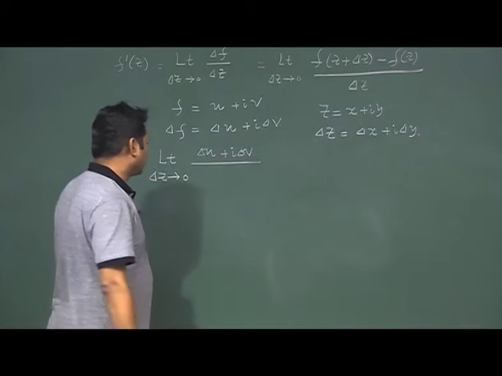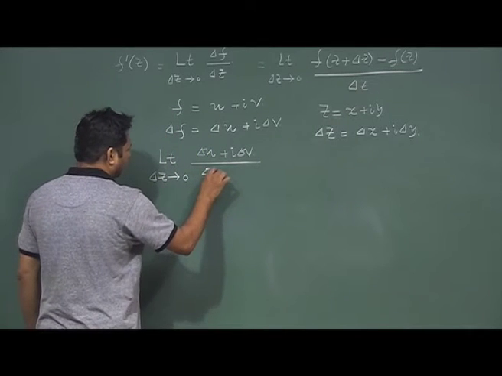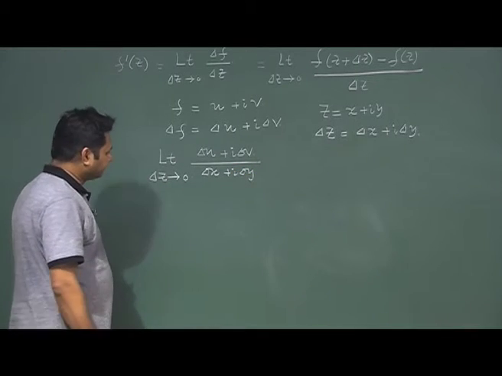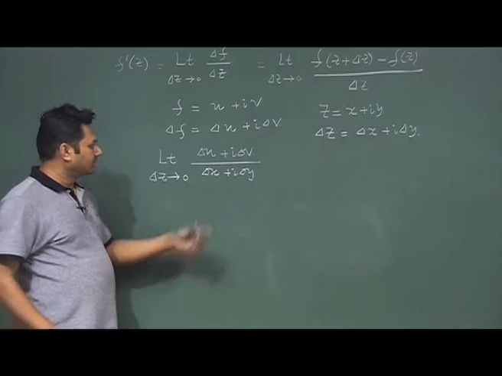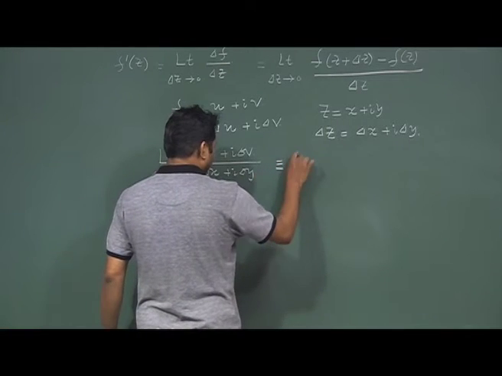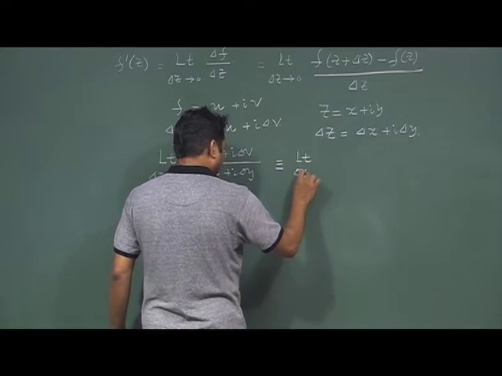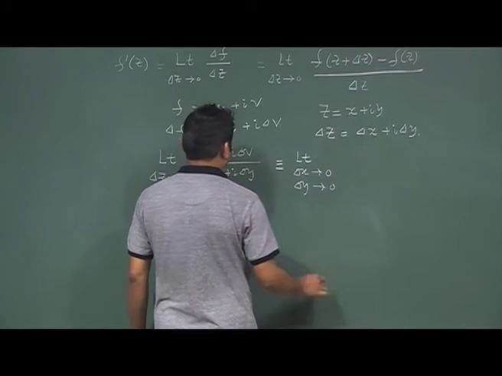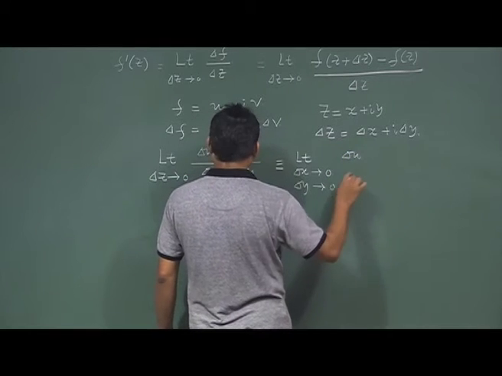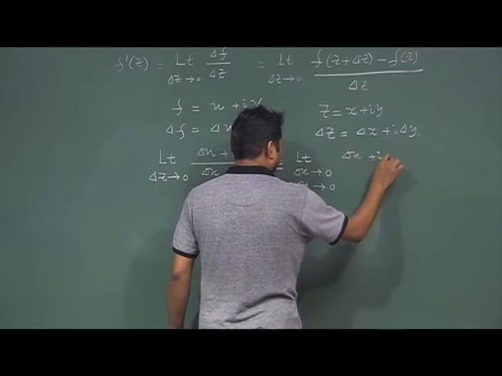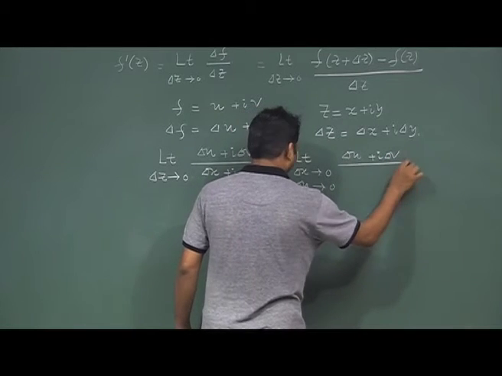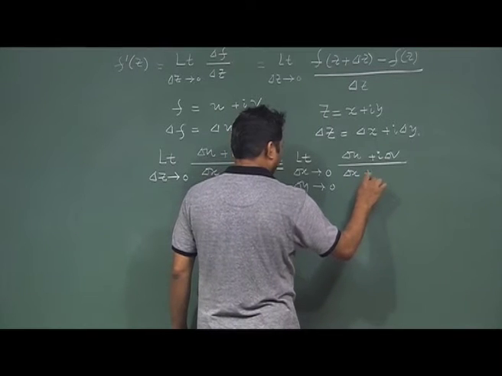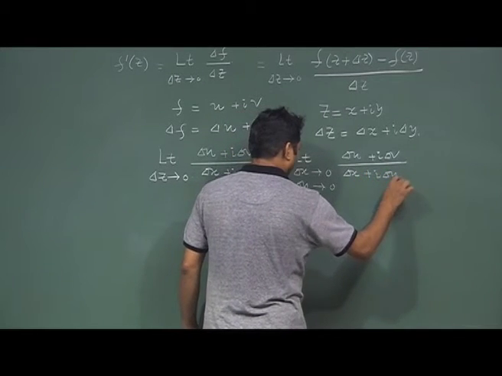Already I used this notation. So, delta of x plus i delta of y. This condition is equivalent to the limit delta x tends to 0, delta y tends to 0, of delta u plus i delta v divided by delta of x plus i delta of y.